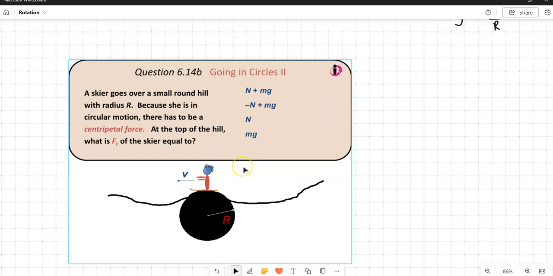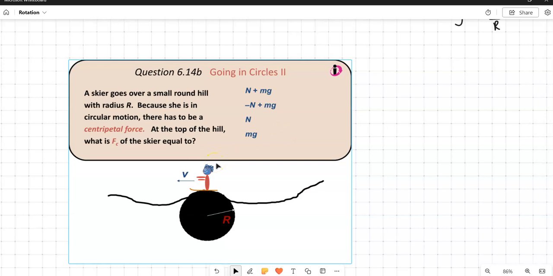In this question, though, they're asking you a similar question, but when you're going over a hump in the road. So suppose a skier is going over a hump in the road. At the top of the hill, what is the centripetal acceleration on the skier equal to? It's going to be equal to n plus mg, negative n plus mg, n, or mg.